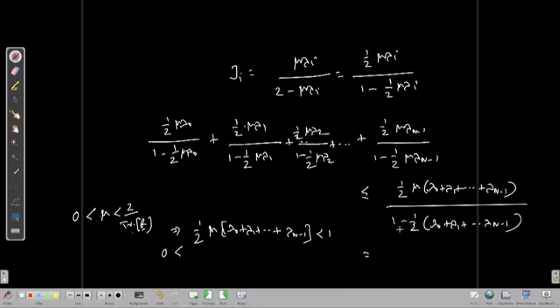half mu trace of R, because summation of eigenvalues is the same as the trace of the autocorrelation matrix. That is what I have used here.